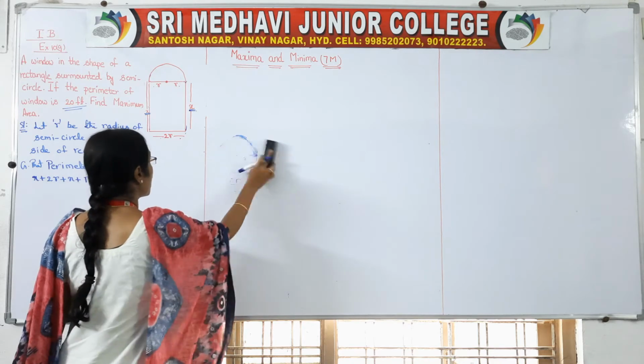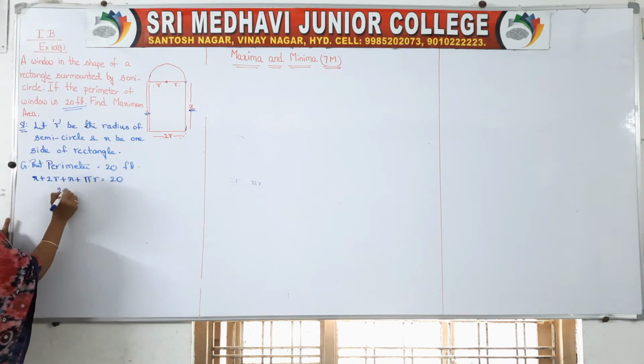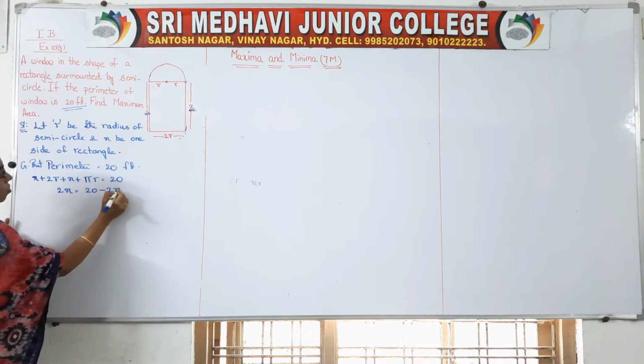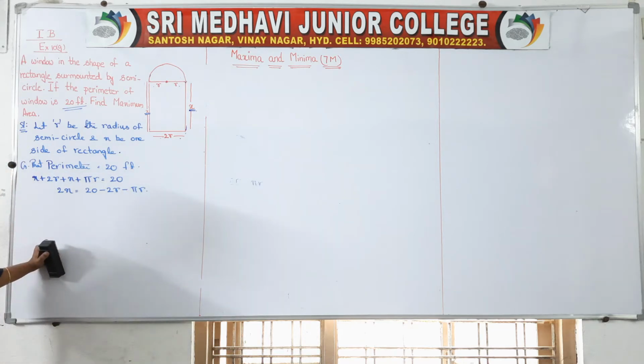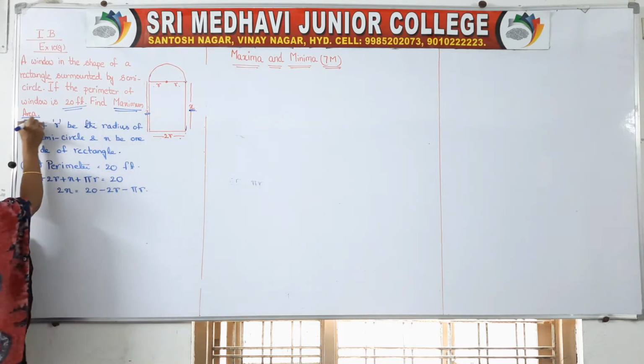Now X plus X is 2X, so 2X is equal to 20 minus 2R minus pi R. Okay, so with the given information, find the maximum area.